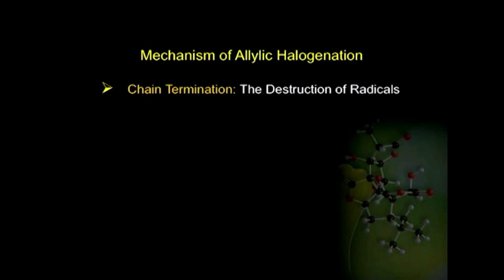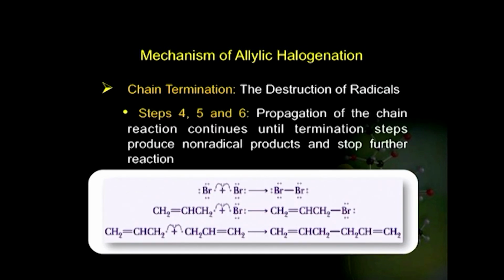At the stage of chain termination, the radicals as usual get destroyed or quenched, and in 3 steps propagation of the chain reaction continues until termination steps produce non-radical products and stop further reaction.